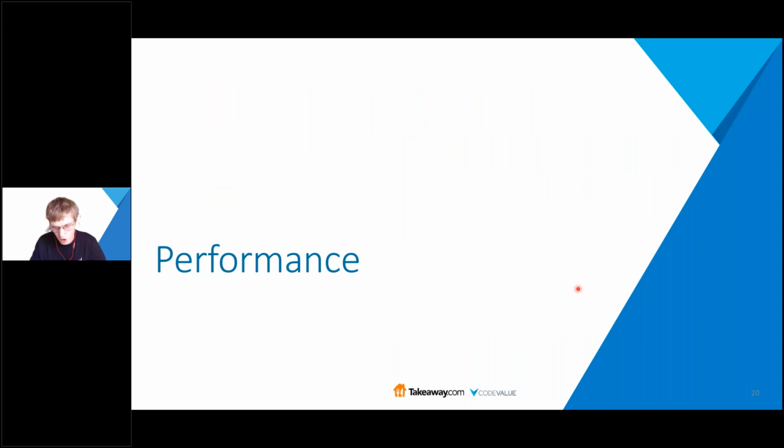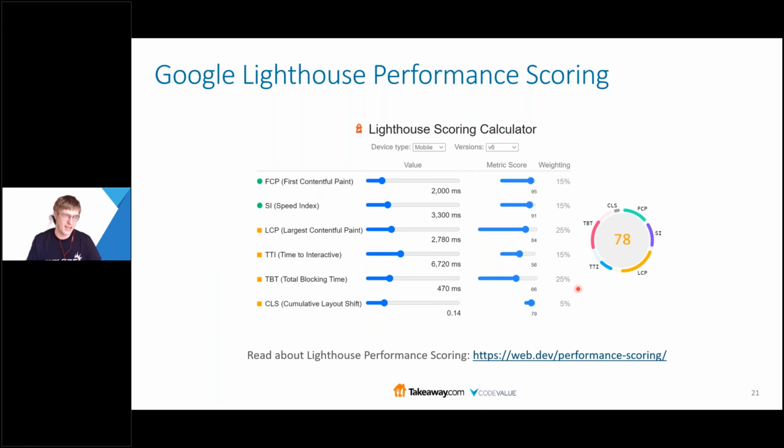Performance. Okay, so that's the third thing that we want to discuss about client-side rendering. Now, we again talk about Google because Google is everywhere in performance and SEO and all these things. Google are leading in performance measurement for sure.